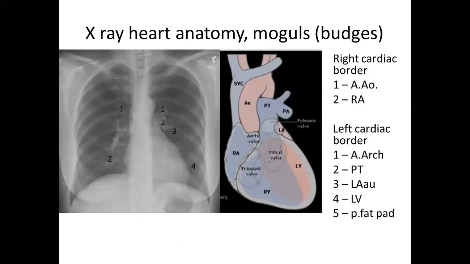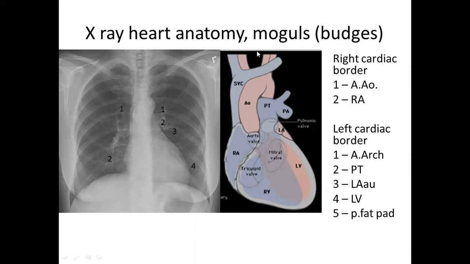So let's speak about X-ray anatomy. In X-ray anatomy, you will speak about, first of all, the projection of the heart. And here is how the heart is going to be projected onto the chest. So please, again, pay attention to this.